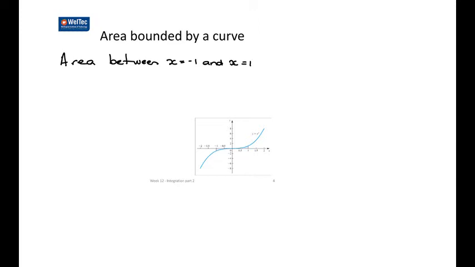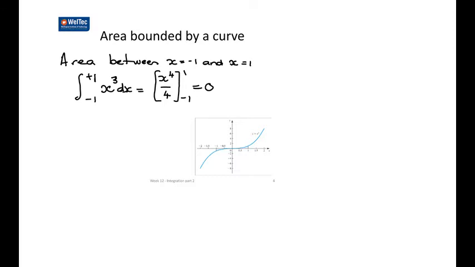Now, if we just find the integral, and our function is x cubed, and that's x to the 4 over 4 between 1 and -1, and if we number crunch that, put in 1, put in -1, we get our answer as being 0. Now clearly that is wrong, because clearly there is area.